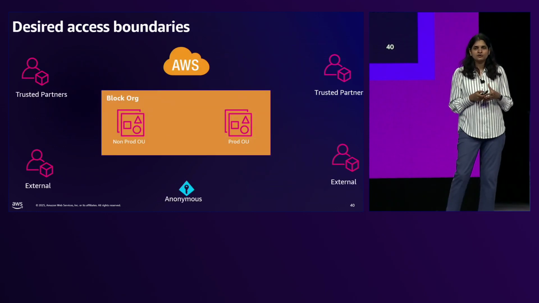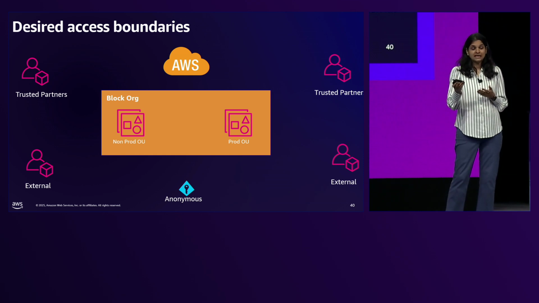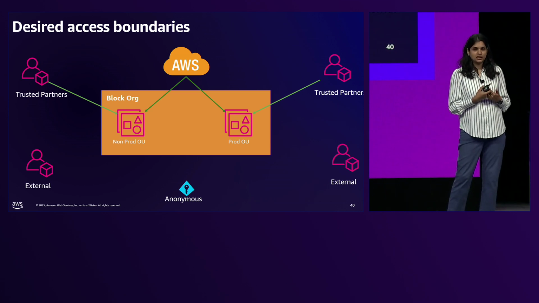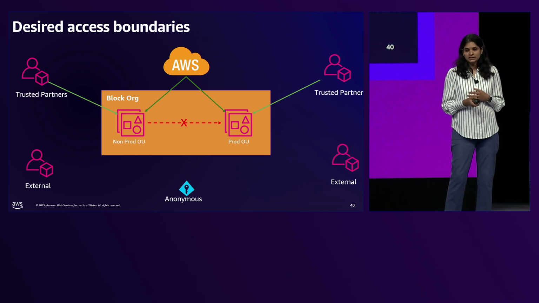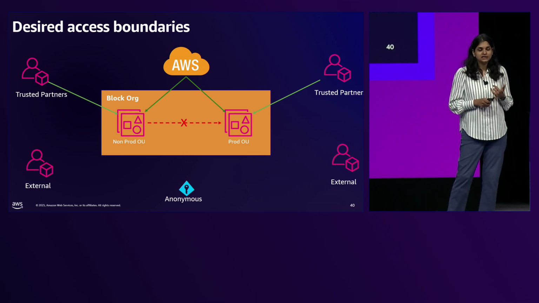When we look at trusting at scale, it's critical for us to define what the access boundaries are. What should we allow and what should we disallow? At Block, this slide will illustrate what the trusted boundaries for us are. We allow AWS services and partner systems to communicate with us through secure and authenticated paths. What we disallow is unrestricted cross-region interactions, because that could cause data leakage and privilege escalations.